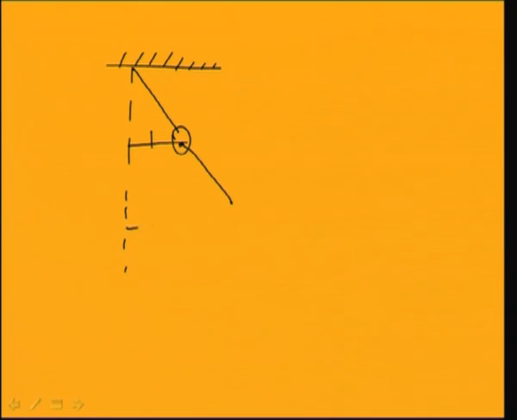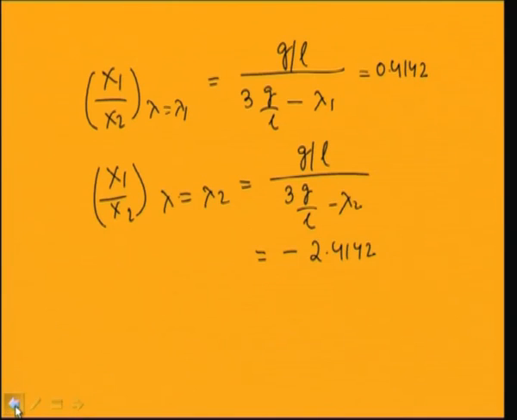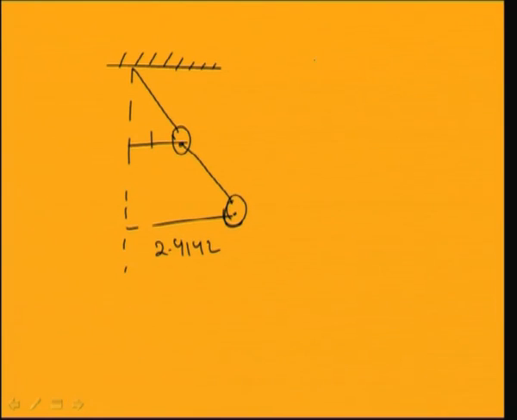So, you can draw these modes. In the first case, the opposite way can also be done: when x1 equal to 1, x2 equal to 1 by 0.4142, which equals 2.4142.